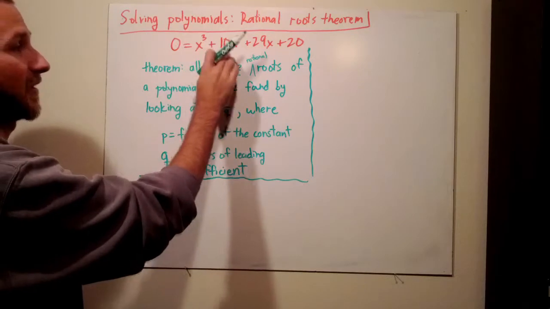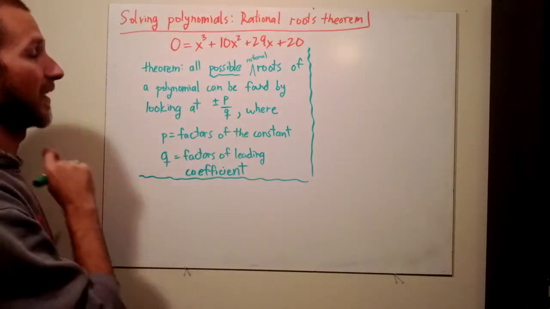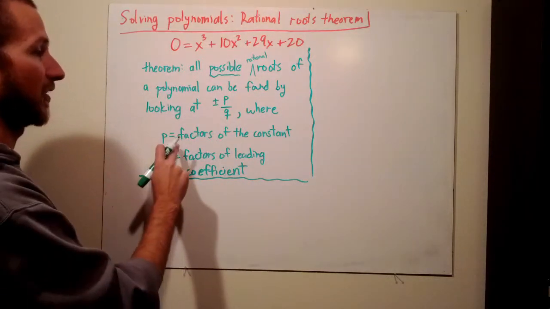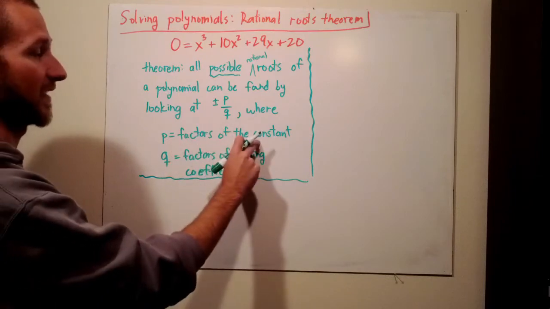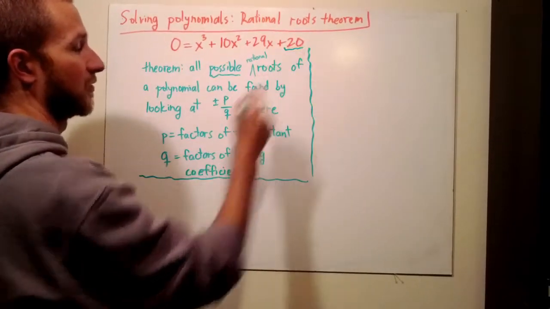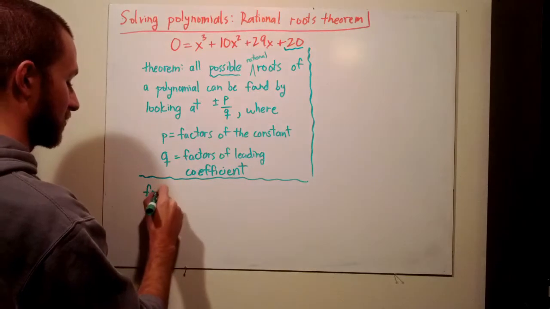I have this polynomial up here, and so my p term, I look there, and that is going to be the factors of the constant. So look here, factors of 20.